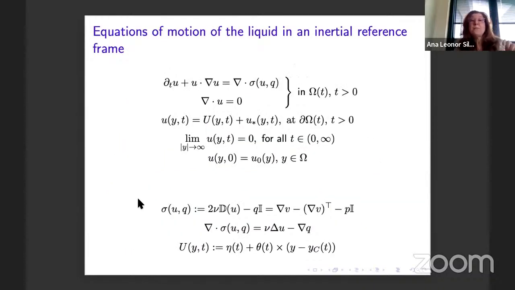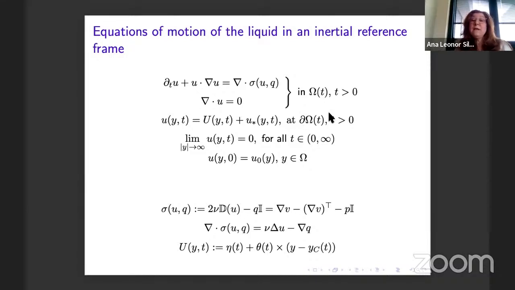Okay, so let's start with the equations of the liquid, but we start with the formulation of these equations in an inertial frame. Okay, so we are fixed in a certain reference frame, and we are observing the rigid body that is moving, and also the motion of the liquid that is due to this motion of the solid.